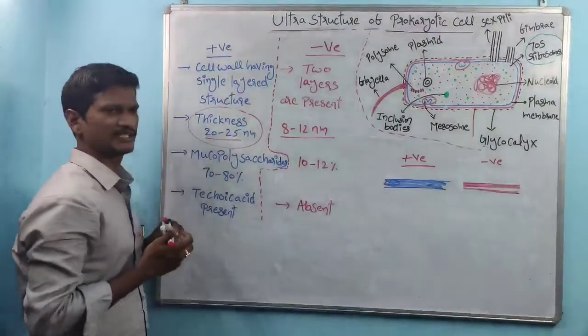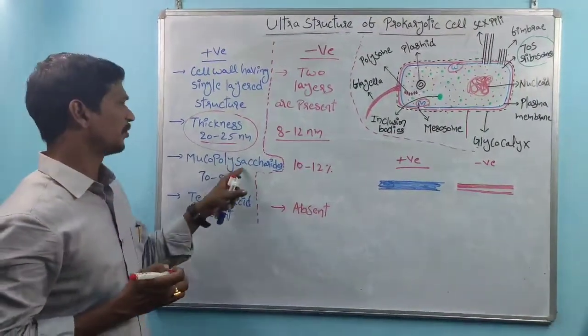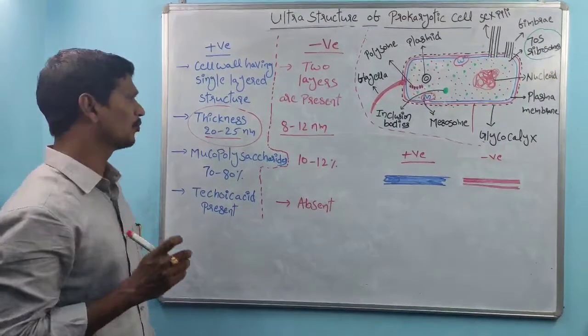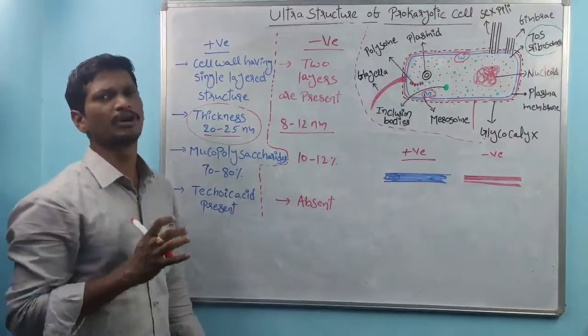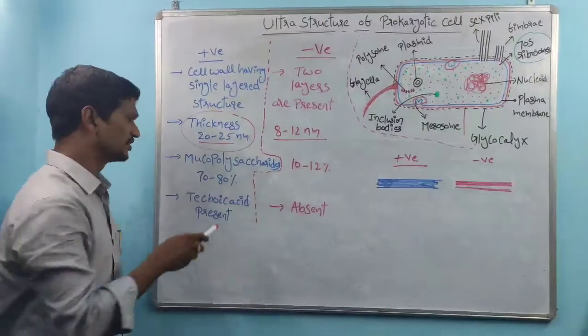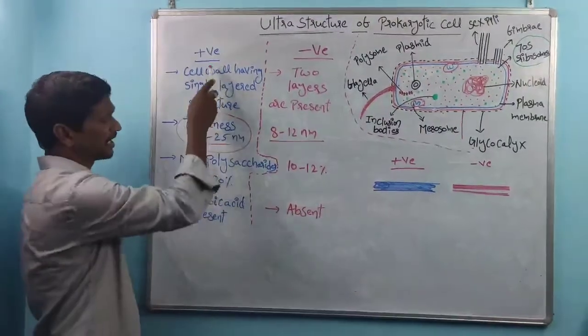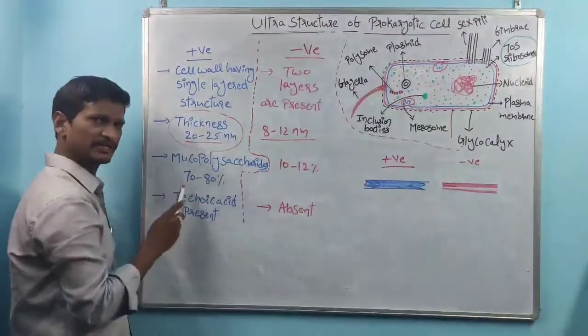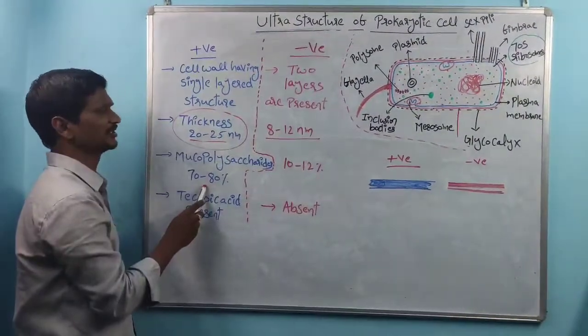And mucopolysaccharides. Remember, polysaccharides indicate carbohydrates. Mucopolysaccharides are modified carbohydrates or modified polysaccharides. In gram-positive bacteria, the mucopolysaccharide percentage is 70 to 80%.